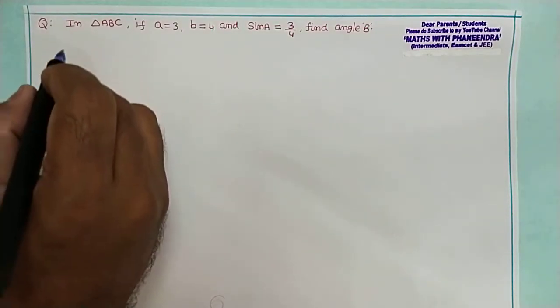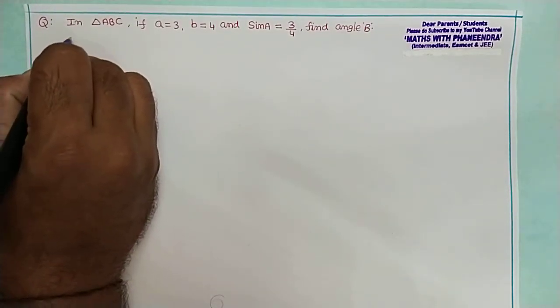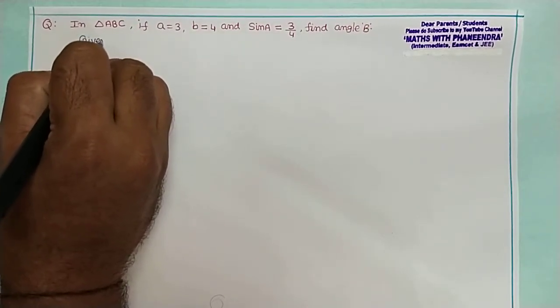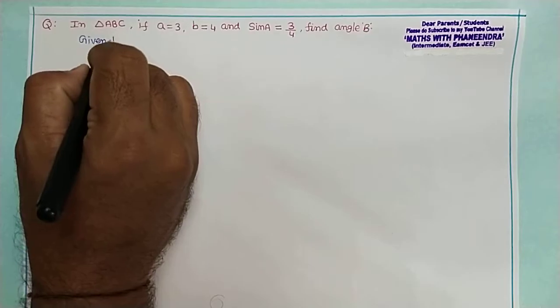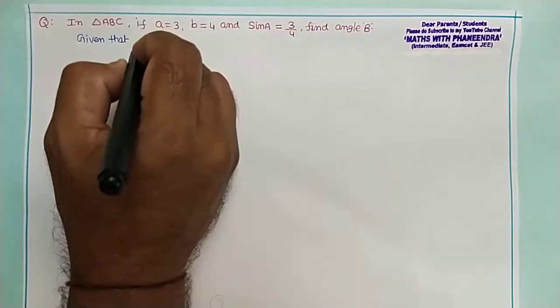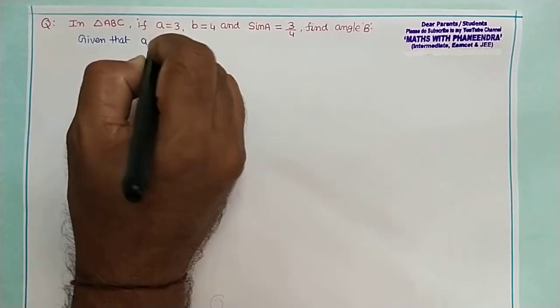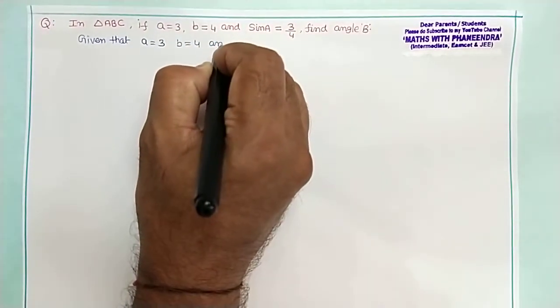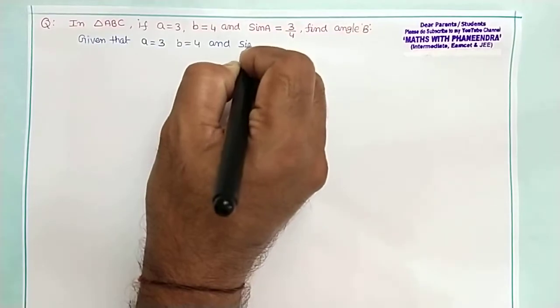first, the given data you have to write. Given that small a equal to 3, b equal to 4 and sin A is equal to 3 by 4.